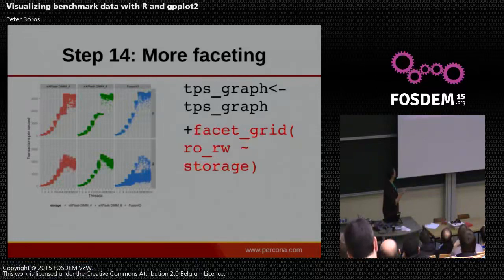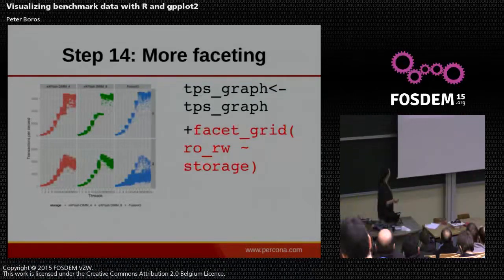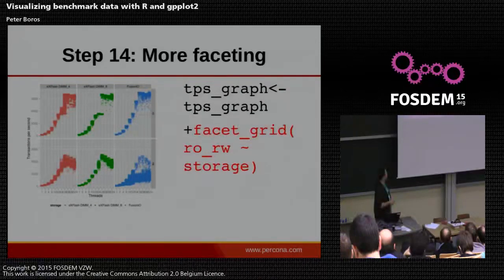And from the jitter plot, you can see, for example, in the read-write case, that after 256 threads it gets more inconsistent. Not only will it be slower, it will be more inconsistent as well. And here in the read-write case, we have some spikes up, actually. So you see that it's not that vibrant, and most of the samples are in the lower region, but some of them are in the upper region.